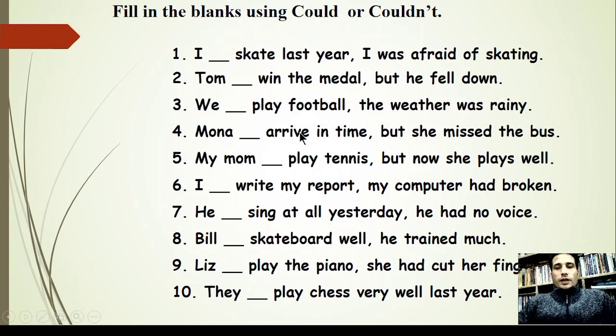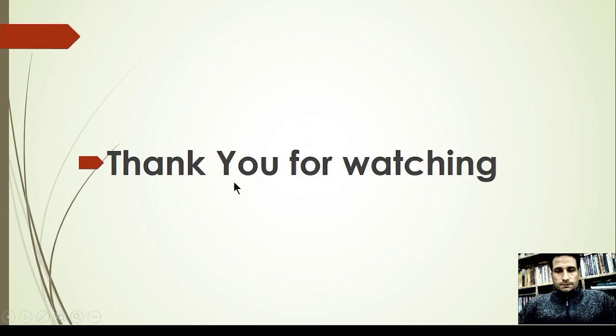Mona dash arrive in time, but she missed the bus. Mona could arrive in time, but she missed the bus. My mom dash play tennis, but now she plays well. My mom could not play tennis, but now she plays well. It means that in past she could not play tennis, but now she can play it. Fill the rest of the blanks by yourself because that will help you in practicing it.